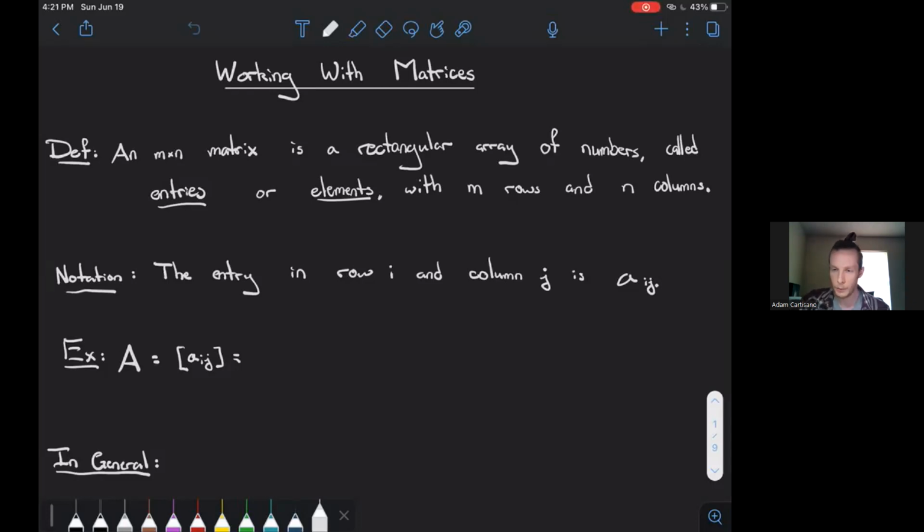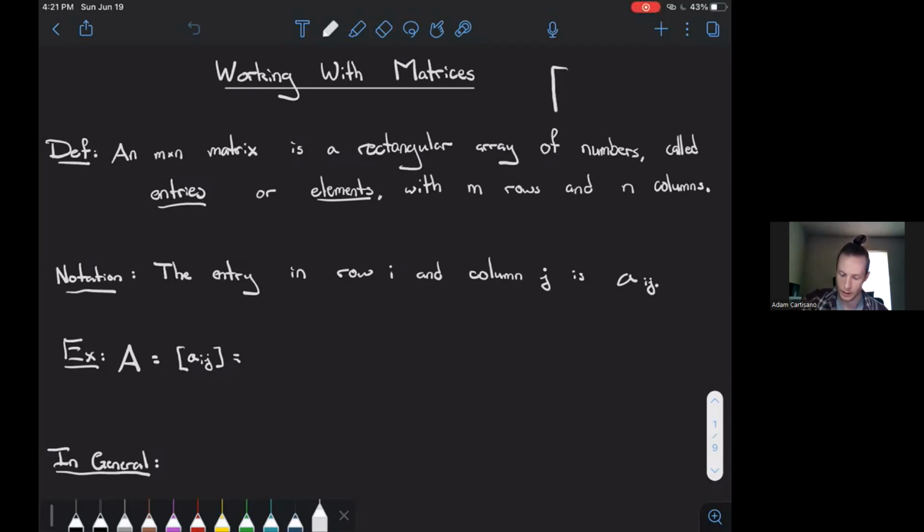So okay, we have already seen what a matrix is, but I'll give a definition just so that we have seen it today. An M by N matrix is a rectangular array of numbers called entries or elements, where there are M rows and N columns.